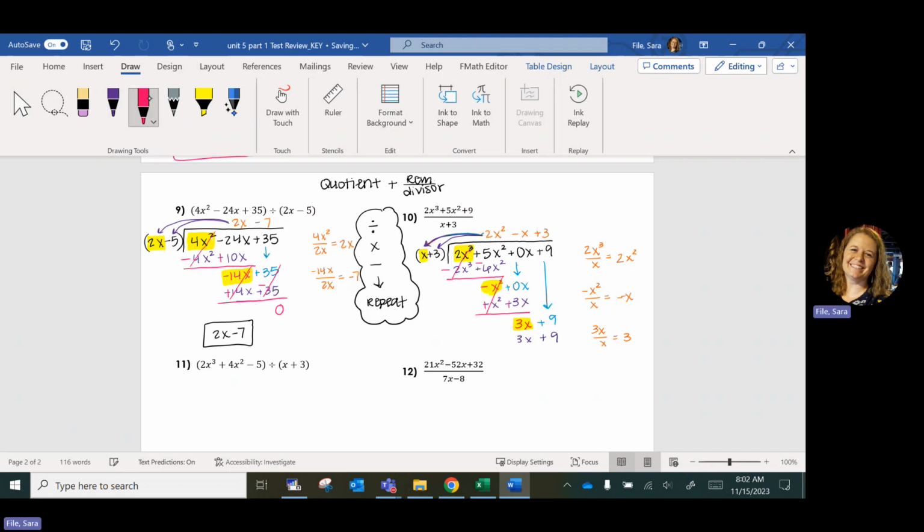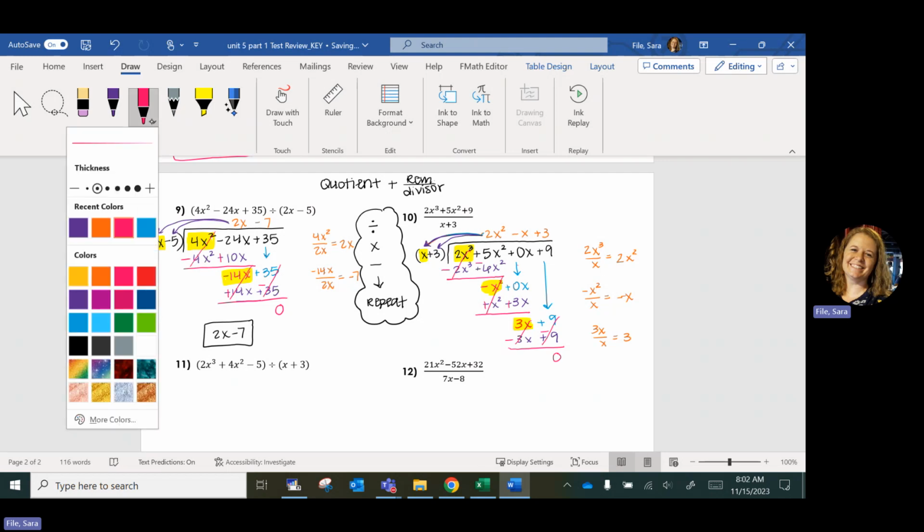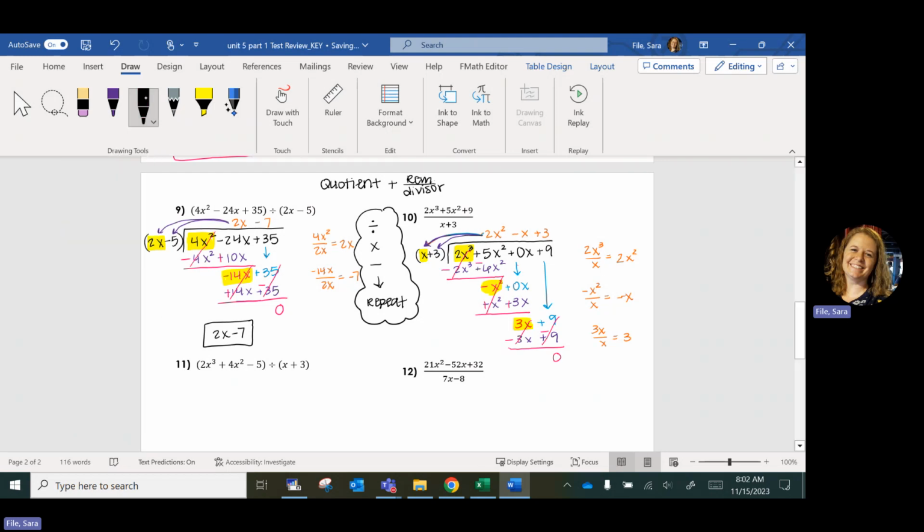Draw my line and change my sign. Those both get subtracted, so both eliminate for a remainder of 0. So again, for these first two division problems, I didn't have a remainder. So my quotient is simply 2x squared minus x plus 3.